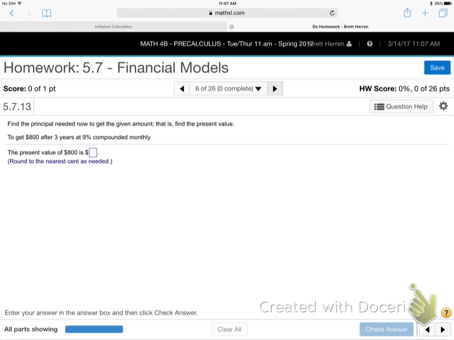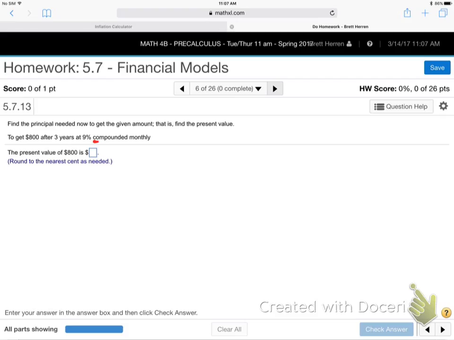To get $8,000 after 3 years, 9% compounded monthly, find the principal needed. So first thing to decide is, which of the two formulas am I going to use? So are we going to use the PERT formula on this one or the other one?